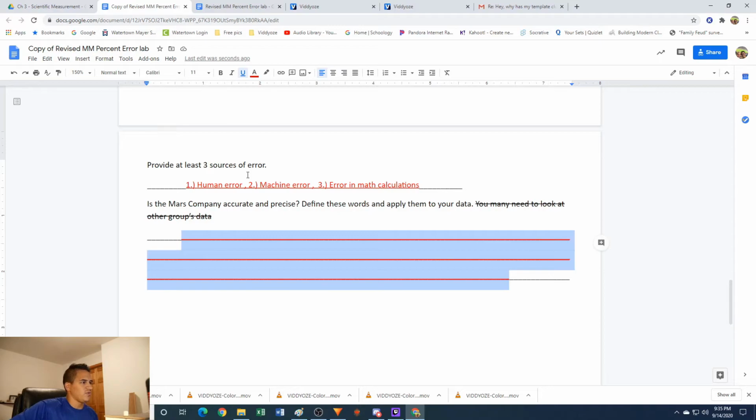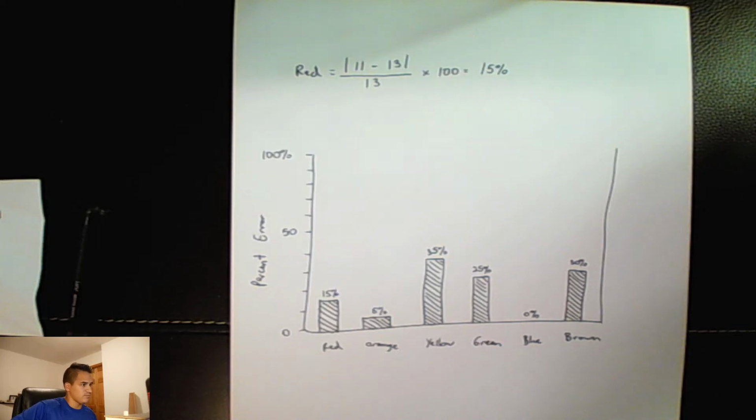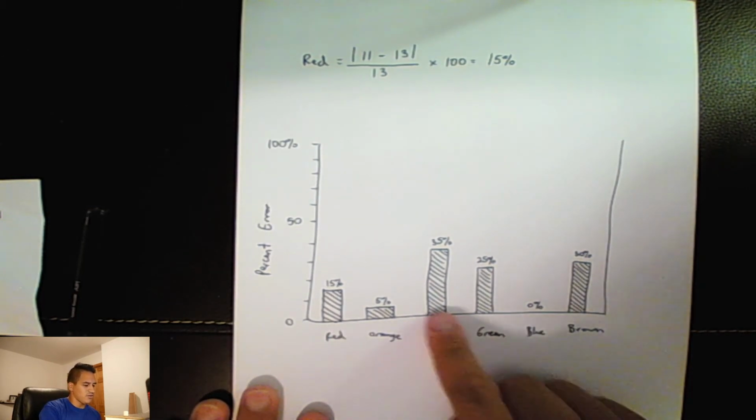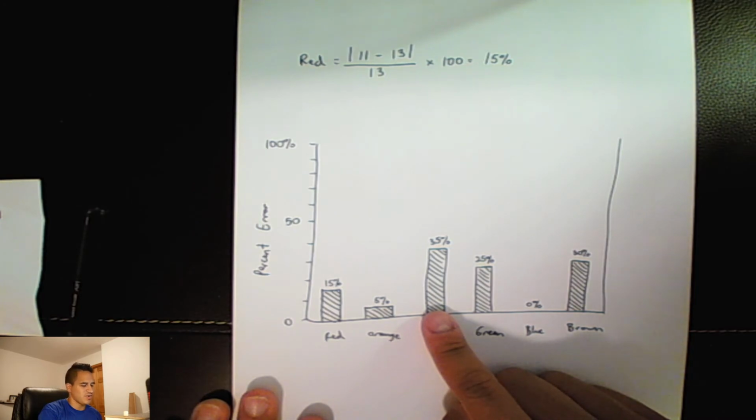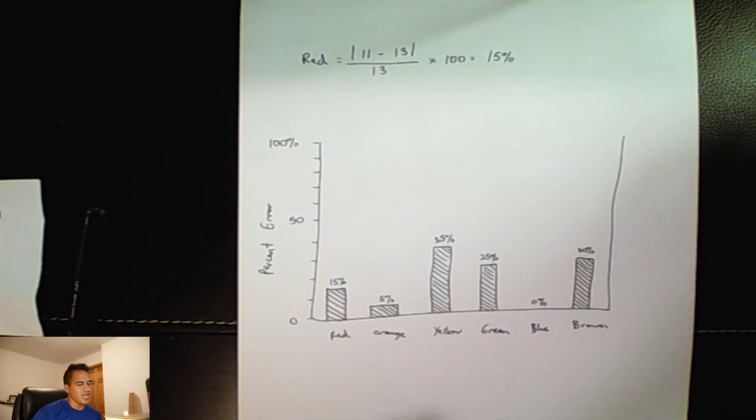Now again, if we go and look back at our graph that we made, or I guess the graph I made, whether you made one or not, we had a 35% error at the largest amount. Now at the lowest though was 0%. So are they accurate? No, not really. But are they precise? Not really either.